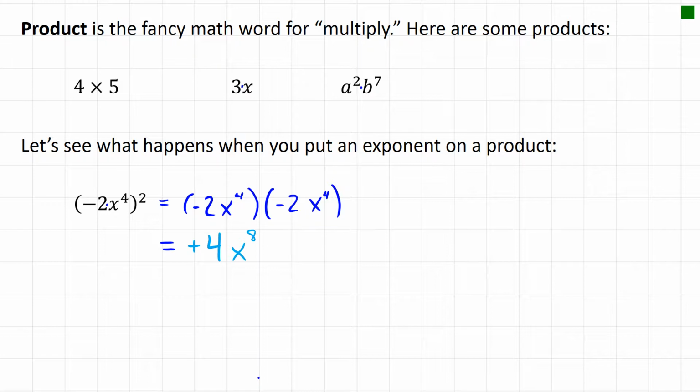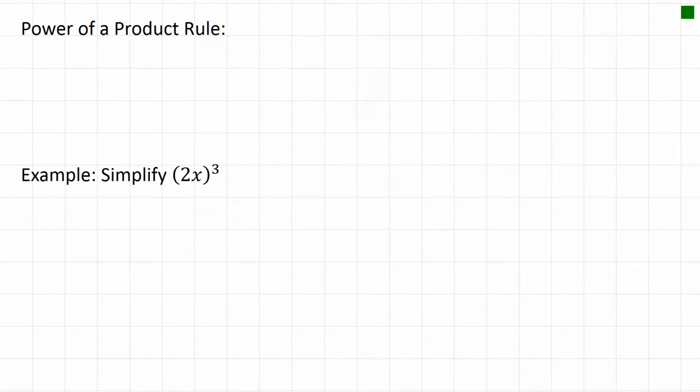So one of the things you might have noticed is that we squared the -2, and we also squared the x to the power of 4. So this is our power of a product rule. If we have a product like x times y, and we put it to the power of a, well then that simplifies to x to the power of a times y to the power of a.